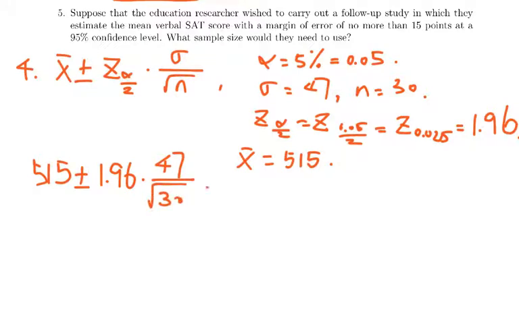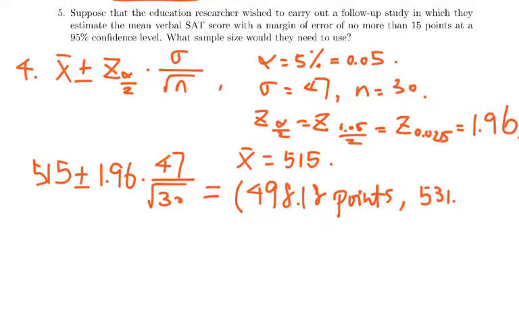If we do the calculation, this is equal to 498.18 points to 531.82 points. Because this is an actual problem, we're going to take the unit with the numbers in the confidence interval. Alright, this is the fourth part.